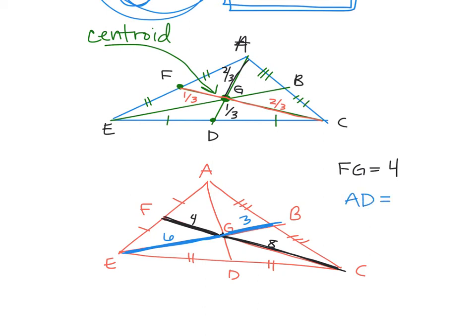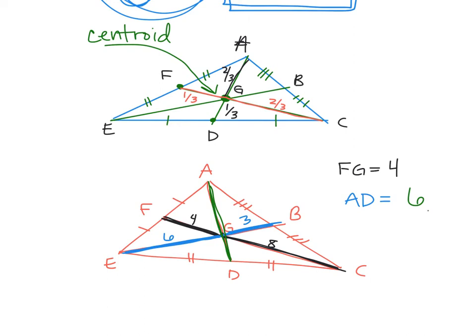Okay, but what if I tell you AD? What if I tell you the whole thing? So the whole thing here, AD, is, let me try to make this somewhat to scale, we'll say it's 6. If AD is 6, can you tell me AG and DG? Right, you have to divide by 3 because it's thirds of our segment.